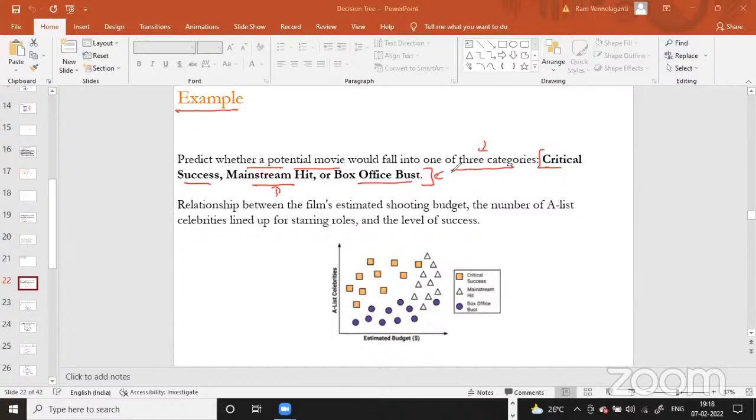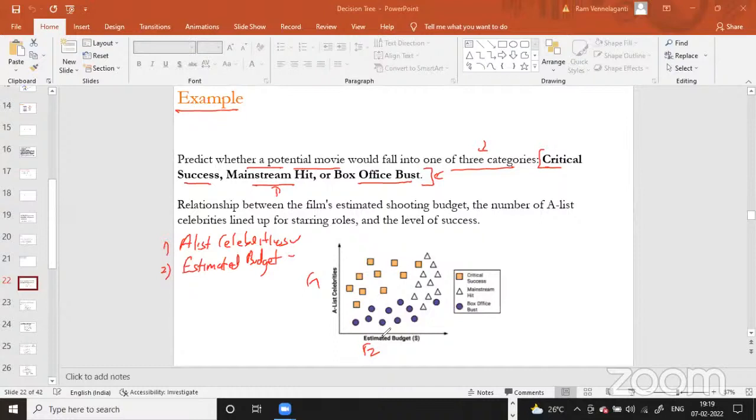So how many features do you have? You have two features. One feature is A-list celebrities. Next, you have another feature called estimated budget.